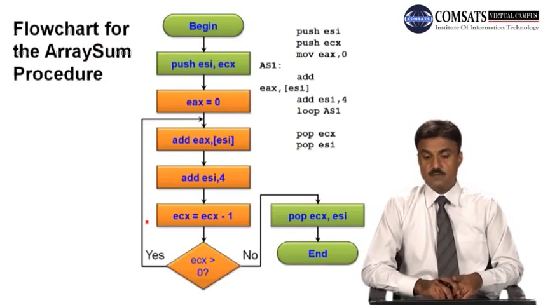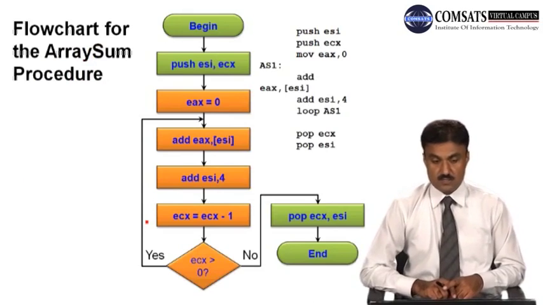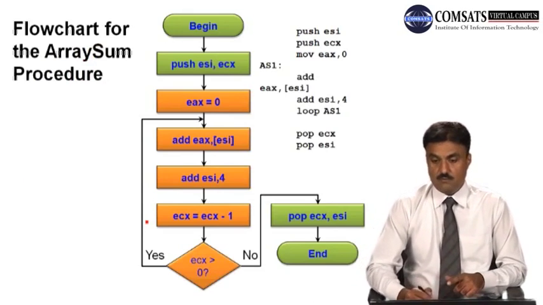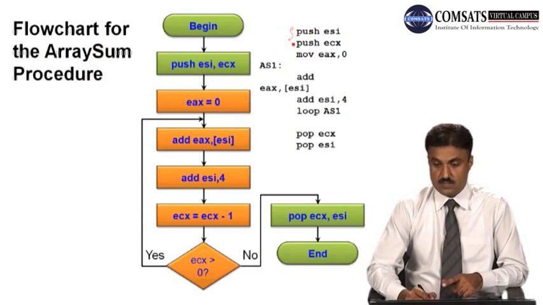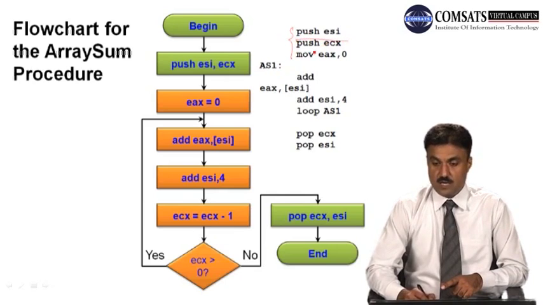Here is the flow chart. You can see the flow chart of this array sum procedure. First, before calling this, we do push ESI, push ECX. So we store these 2 elements.